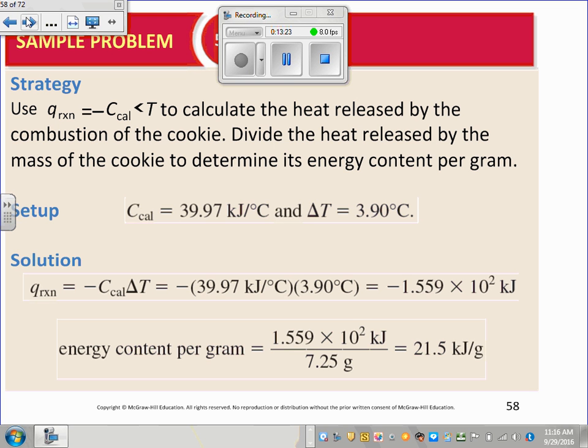So it comes out to be negative 1.559 times 10 squared kilojoules. So that's the heat released by the reaction. That's what the negative sign means. So they want the energy content per gram. Well, how many grams did we burn? 7.25. So that means each gram contains 21.5 kilojoules.